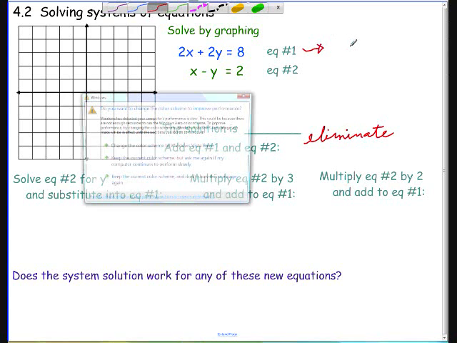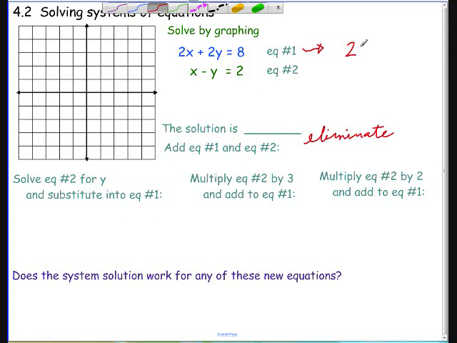Equation 1 still looks good. 2x plus 2y equals 8. This one, if I were to multiply equation 2 by 2, I would have 2x minus 2y equals 4.